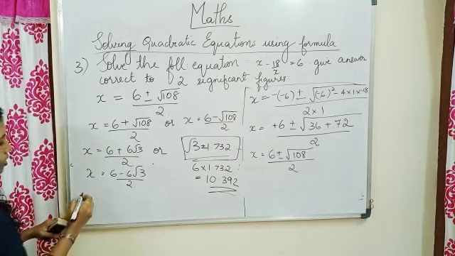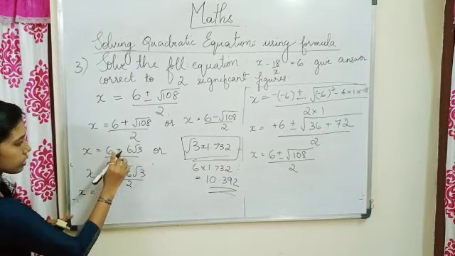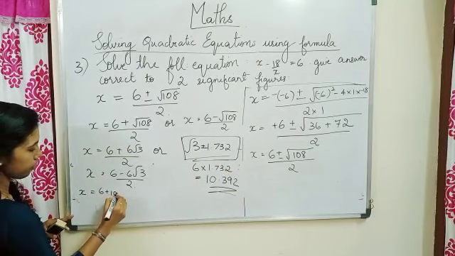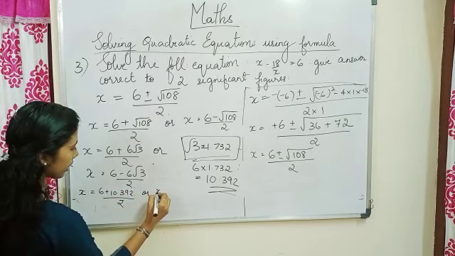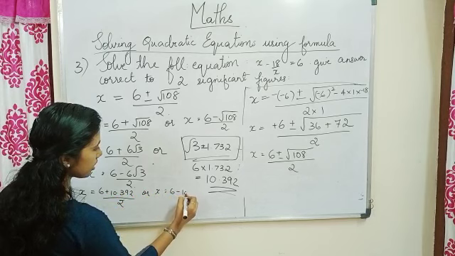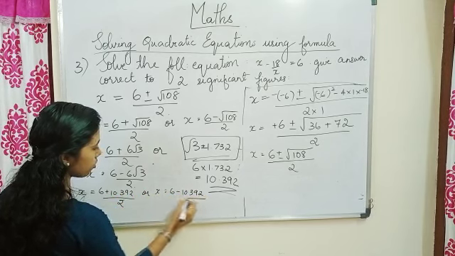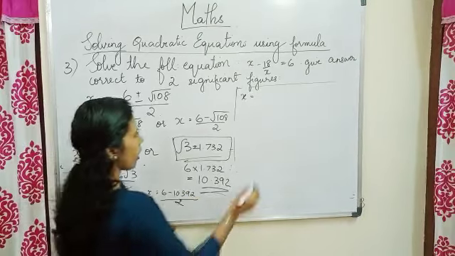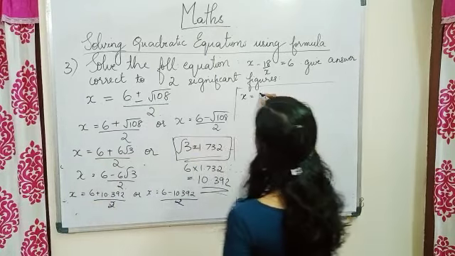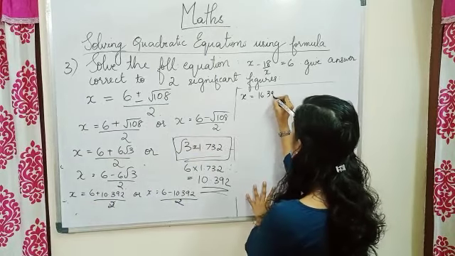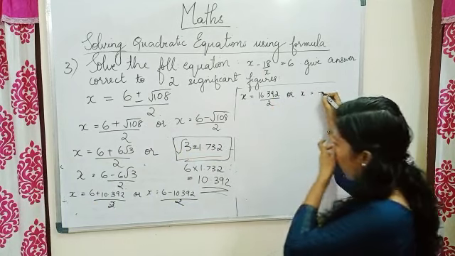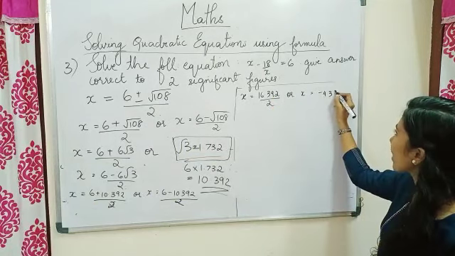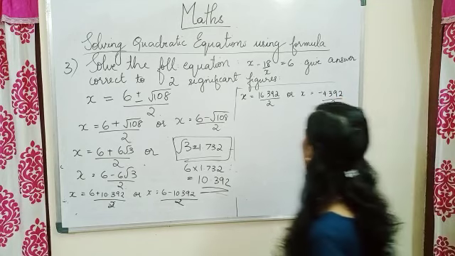So here x is equal to 6 plus 10.392 divided by 2, or x is equal to 6 minus 10.392 divided by 2. And on adding and subtracting we get x is equal to 16.392 by 2, or x is equal to minus 4.392 by 2.